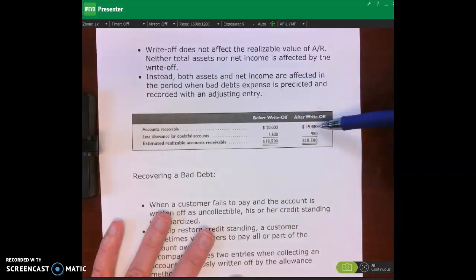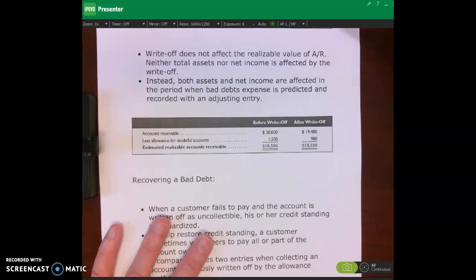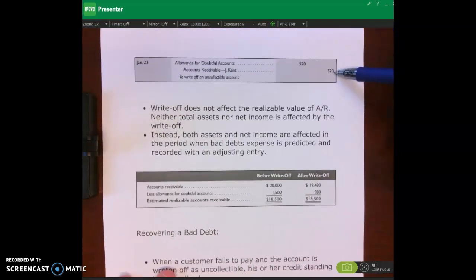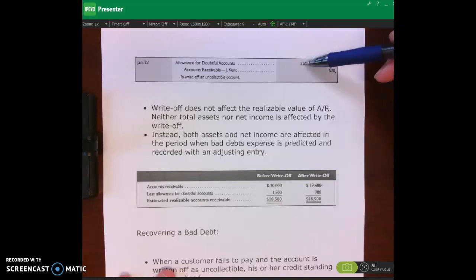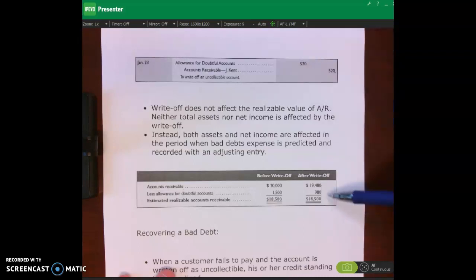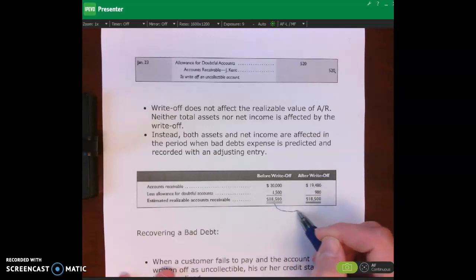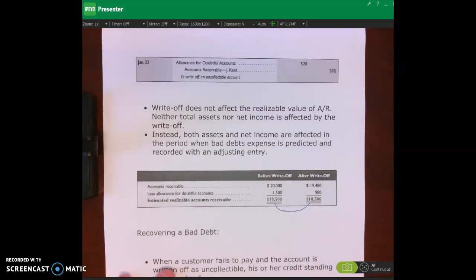After the write-off, I credited accounts receivable for $520. That means accounts receivable is $520 less. It's $19,480. And then I debited my allowance for $520. That means the allowance is $520 less. Now it's $980. So I take my $19,480 minus my $980, and my realizable value is the same, $18,500. Okay?